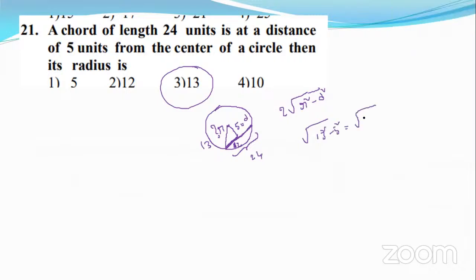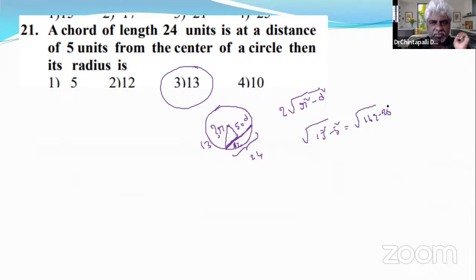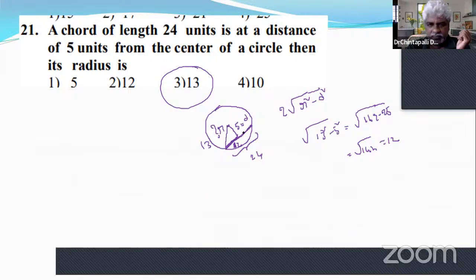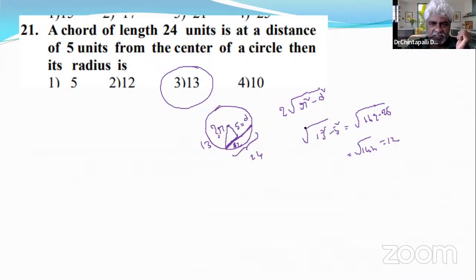Root of 169 minus 25 is root 144, which is 12. So 12 is half the length of the chord, and double of it is the length of the chord.